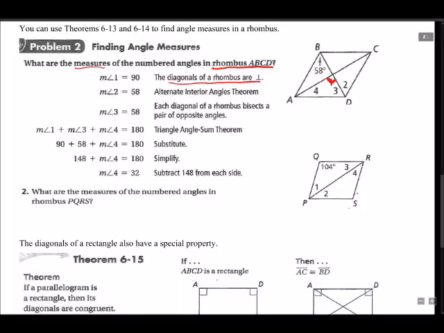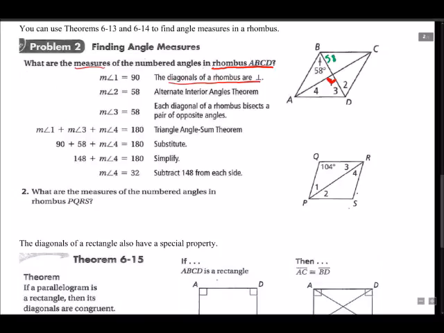All right. What about angle 2? Well, what else do we know here? Oh, there's so many ways to do this. They do it by alternate interior angles. We know that the diagonals of a rhombus bisect the angles.